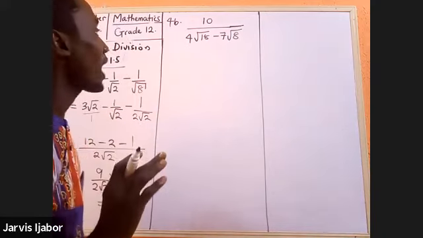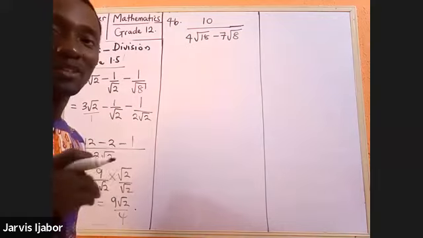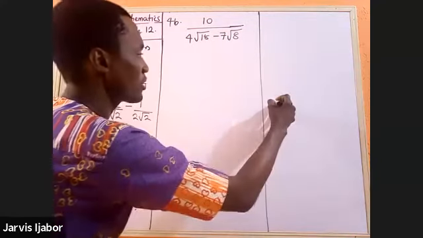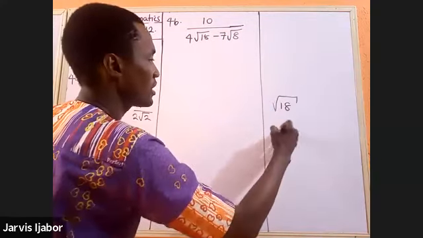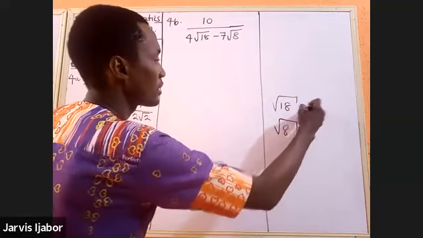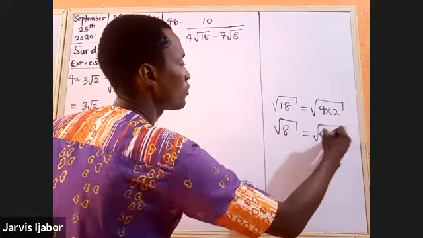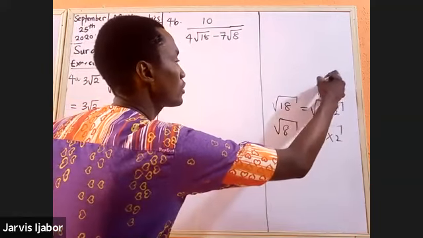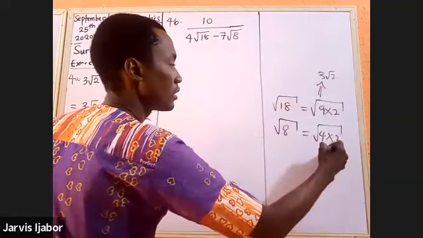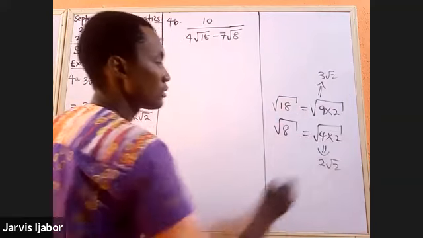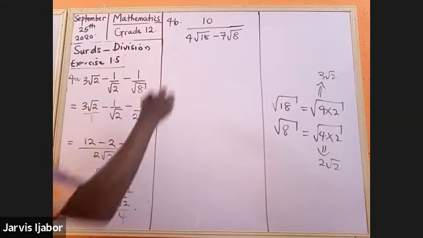Now, sometimes when you see a question, the first thing is, don't freak out. Look at it. Are there previous knowledge I can apply to this? And obviously, look at the major threat to this question is root 18 and root what? 8. This is what the square root of 9 times 2. This is what the square root of what? 4 times 2. This will give me 3 root 2. 2 root 2.